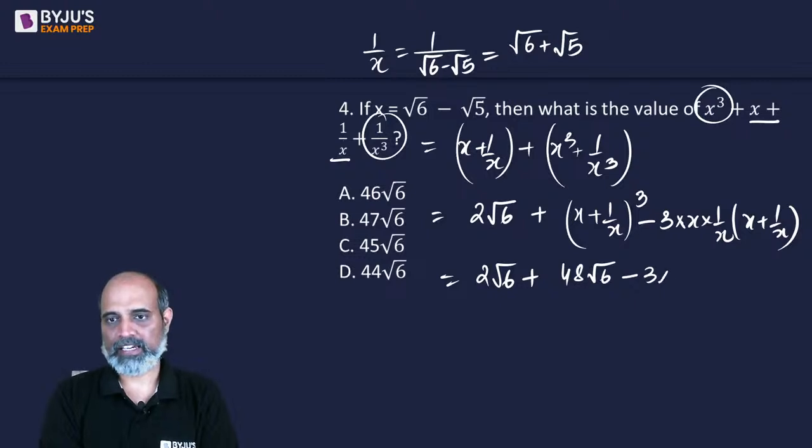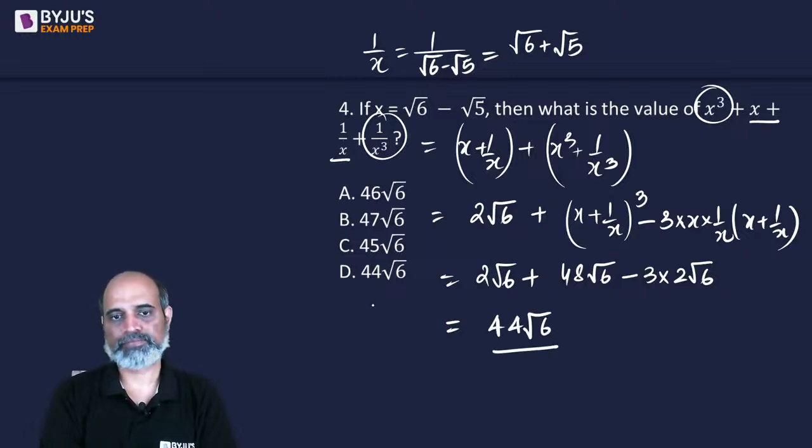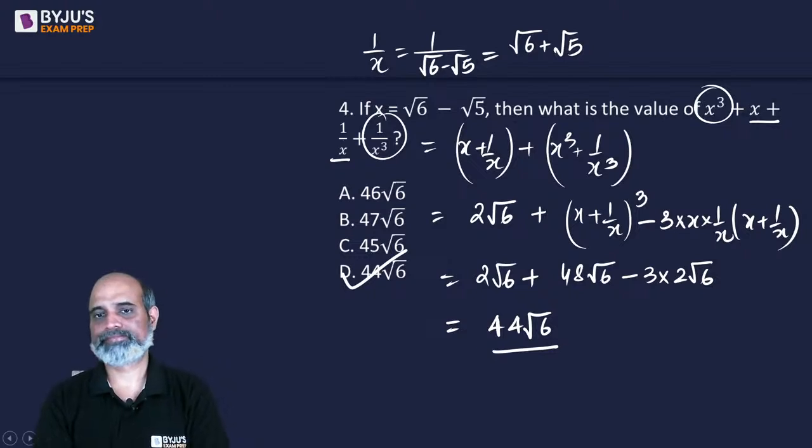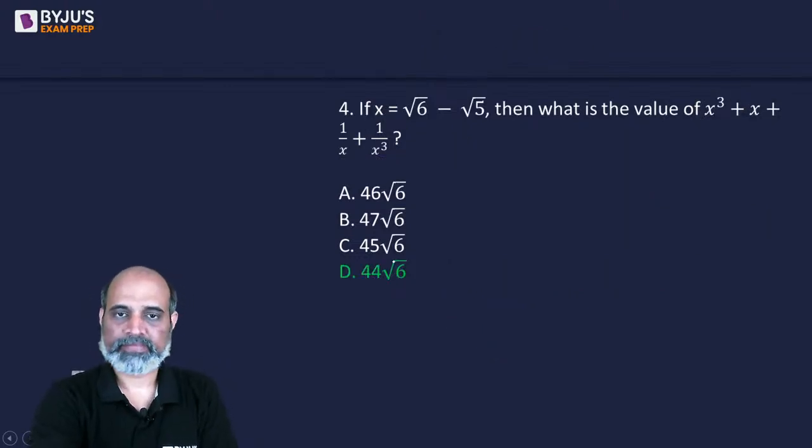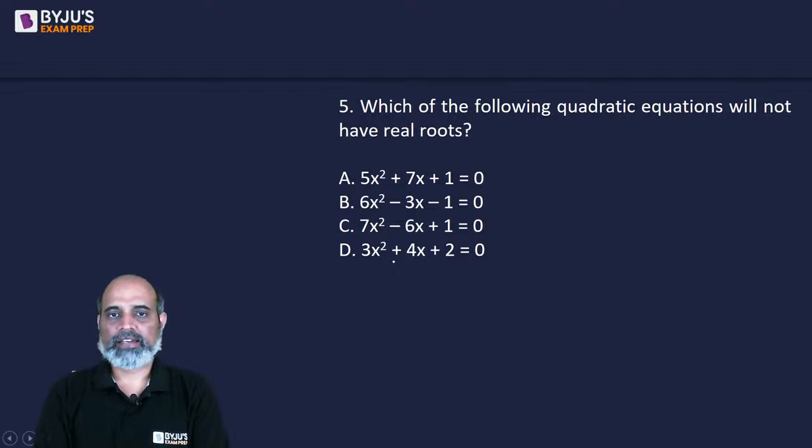Minus 3 times x plus 1 by x, which is 2 under root 6, so we will have 48 plus 2, 50, 50 minus 6, 44 under root 6. Right?